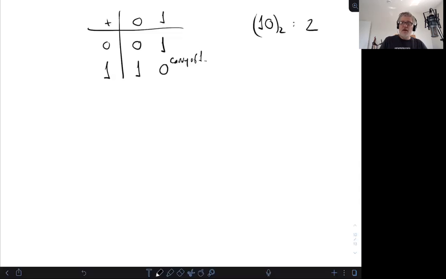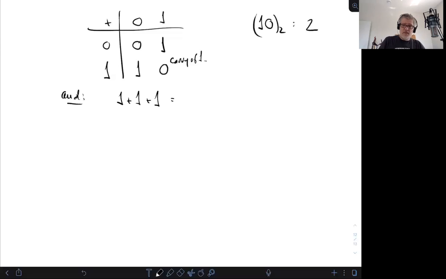Now, there's only one other thing we need to know. When we're adding 1 and 1, and there was a previous carry of 1, then we'll be adding 1, 1, and 1. This one I'll write separately: 1 plus 1 plus 1. These are all in binary here.